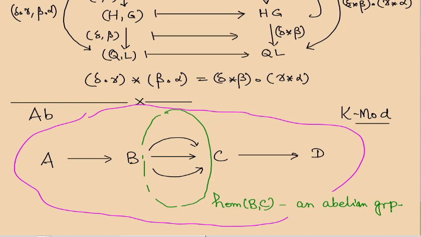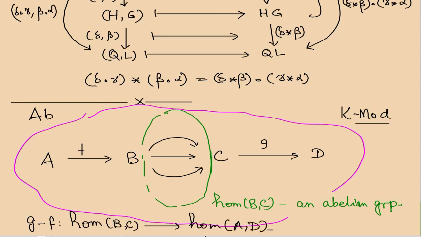So if you look at this F and G over here, and if you look at this map, which is taking Hom(B, C) to Hom(A, D), this is also a group homomorphism, right? So not only do these objects have a richer structure, but the composition becomes a morphism between such structures.